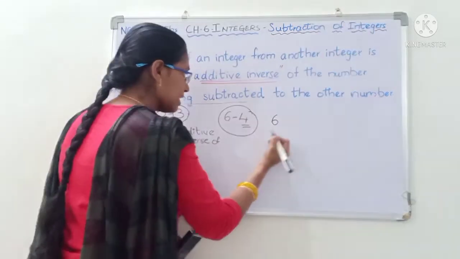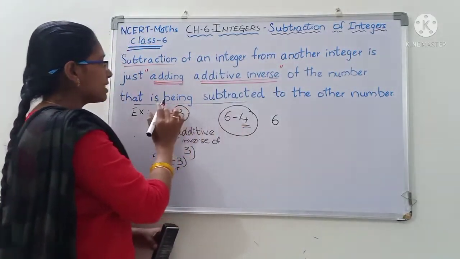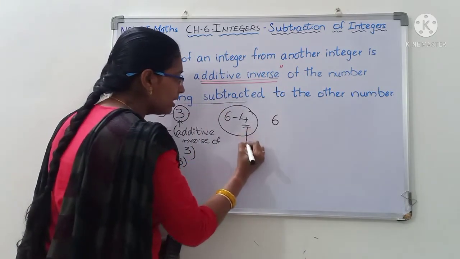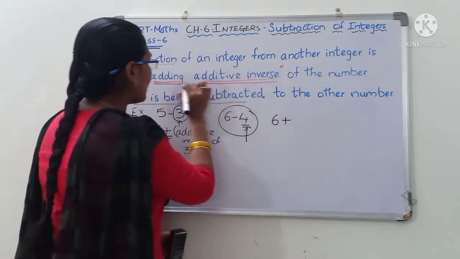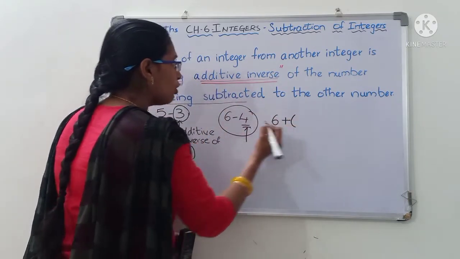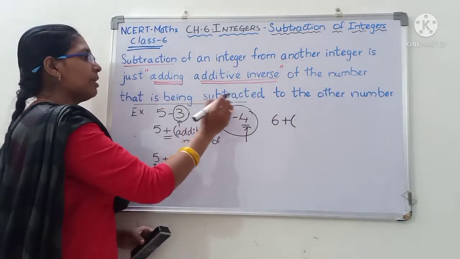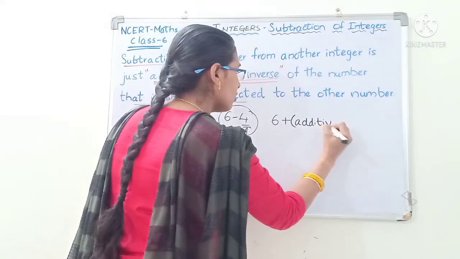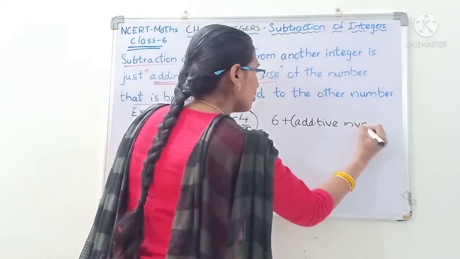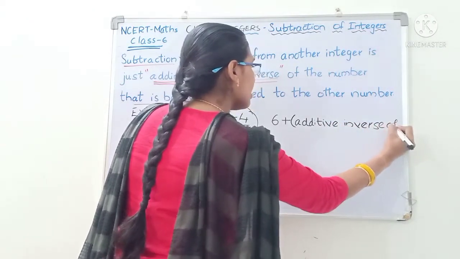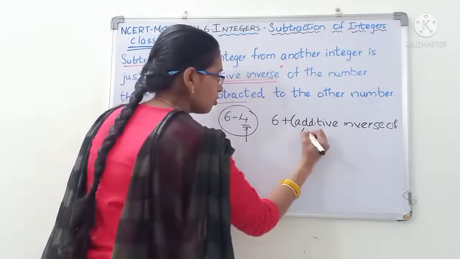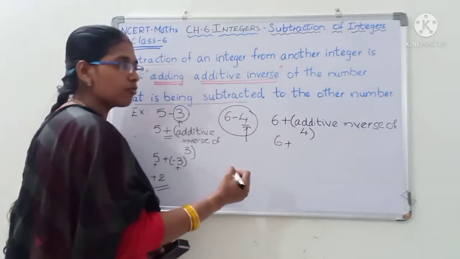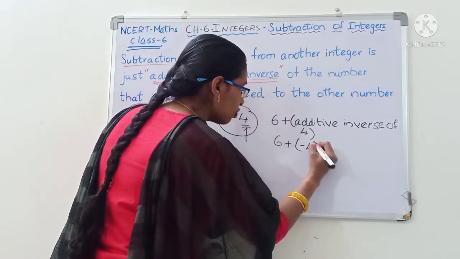Write 6 as it is, and to this 6 you add the additive inverse of the number that is being subtracted. What is the number being subtracted here? 4. So, you should add the additive inverse of 4. 6 plus, what is the additive inverse of 4? It is minus 4.